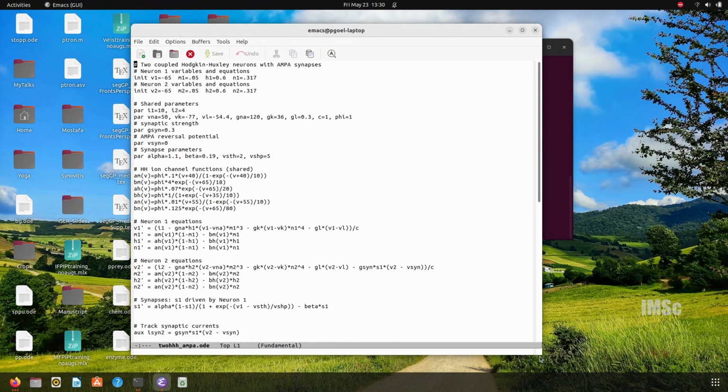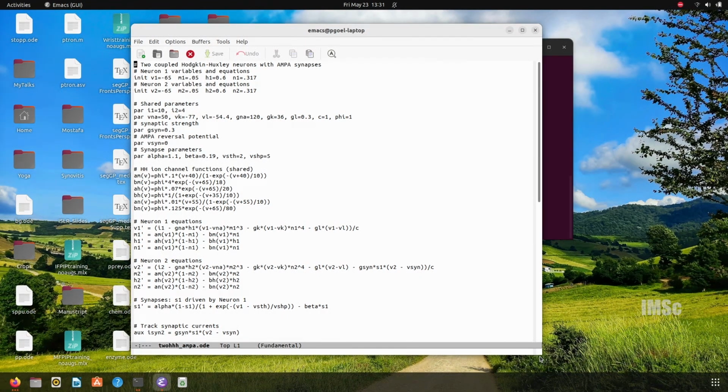Now, am I right in saying this should be V2 or should it be V1 over here? That's a synaptic current. It should be V2, right? The postsynaptic side. Now, S should be 1 or 2. 1 stands for the first neuron, 2 stands for the second neuron. So S1 should be the synapse from the first neuron, right? So I made it S1.